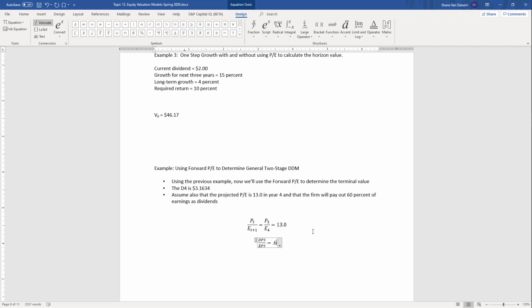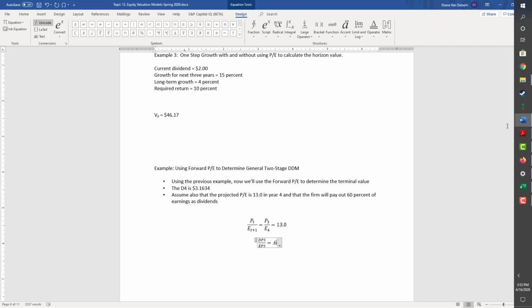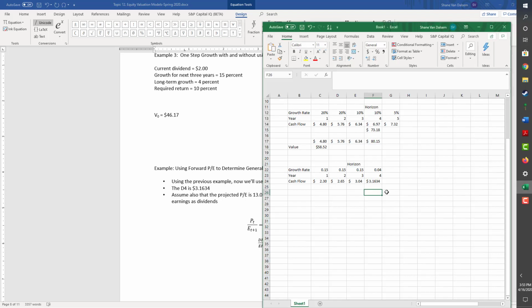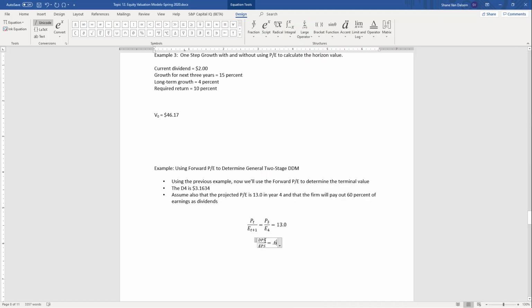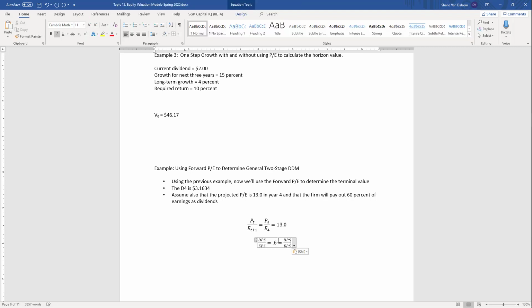I know my dividends per share is equal to 3.1634, divided by EPS is equal to 0.6.